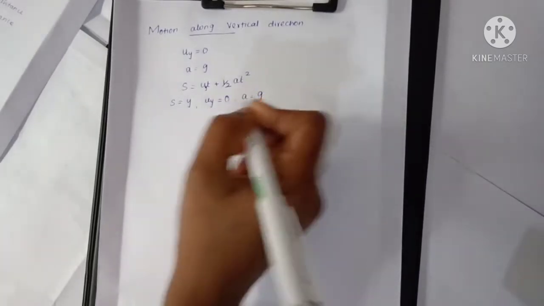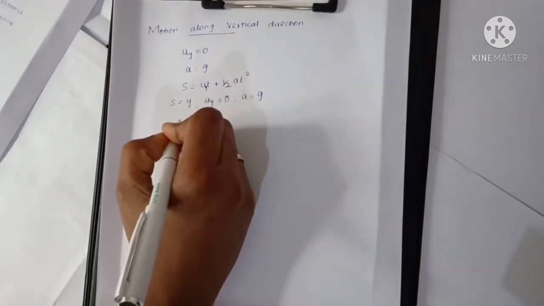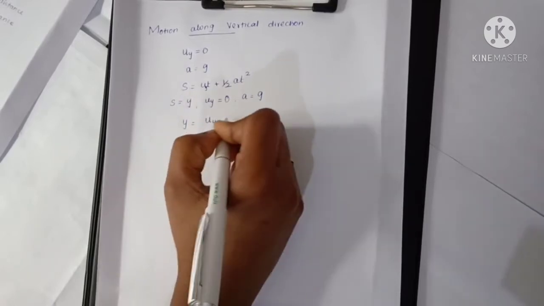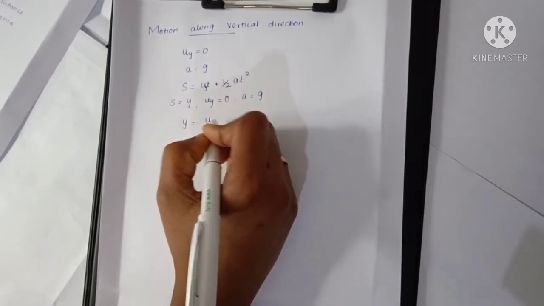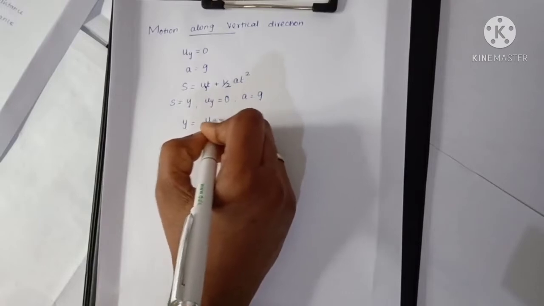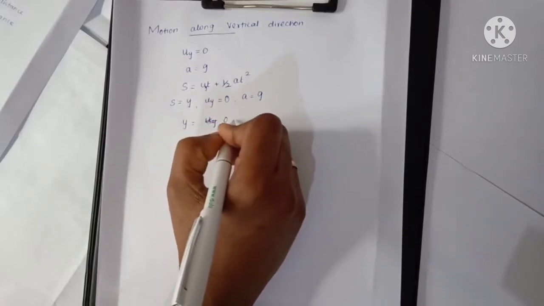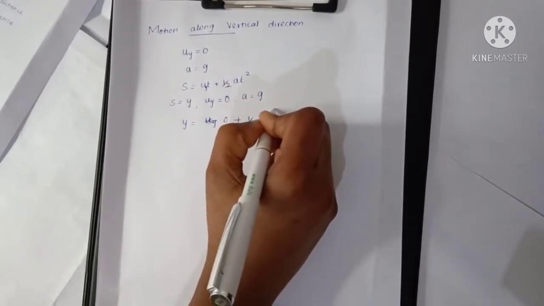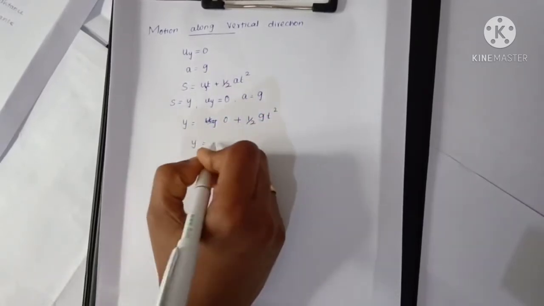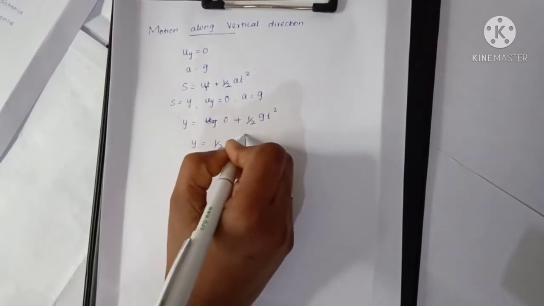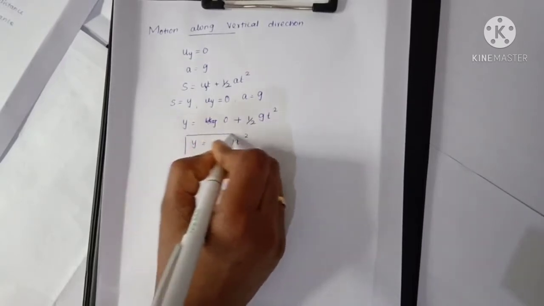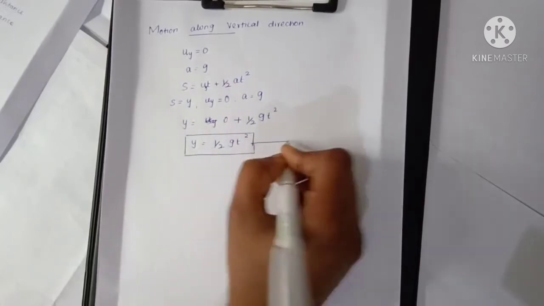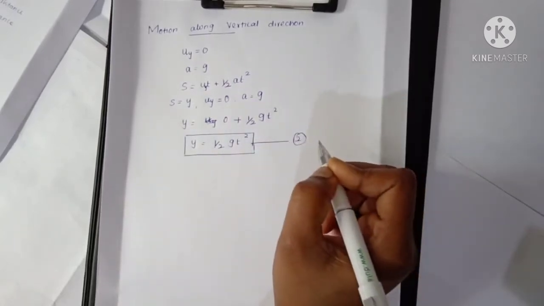Putting these values in the kinematic equation, you will get y is equal to 0 into t plus 1 by 2 g t square, that is y is equal to 1 by 2 g t square. This is the motion along the vertical direction. This is equation number 2.